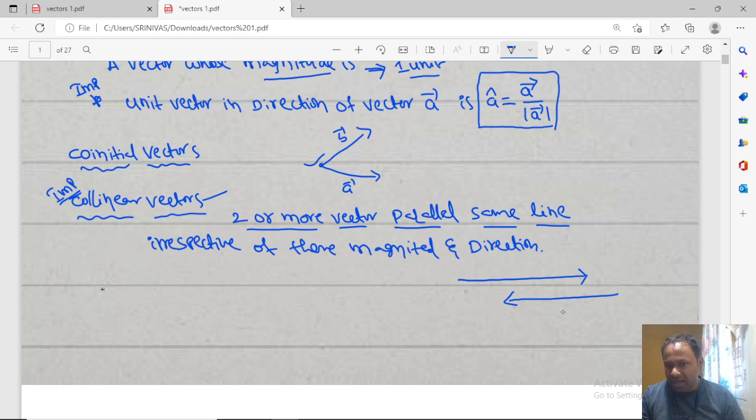These two are parallel to the given line, they are in opposite directions, and their lengths are also different, but they are parallel. Irrespective means there is no need of magnitude and no need of direction. Just parallel means these two are collinear.